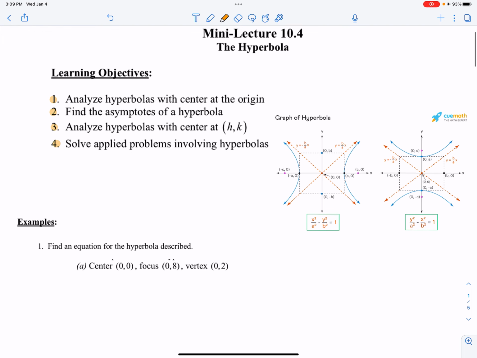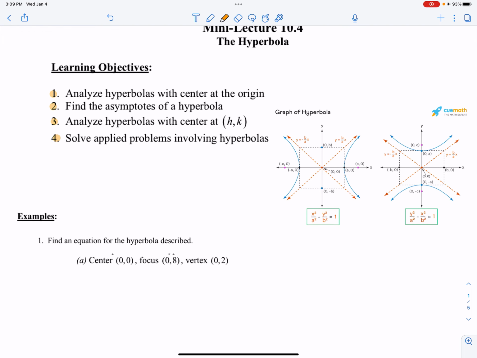Over here we have our diagrams. One of them is representative of x squared over a squared minus y squared over b squared. The other is y squared over a squared minus x squared over b squared. We can see subtle differences: we have our focus here, this is the a value, and the hyperbola itself is going this way.